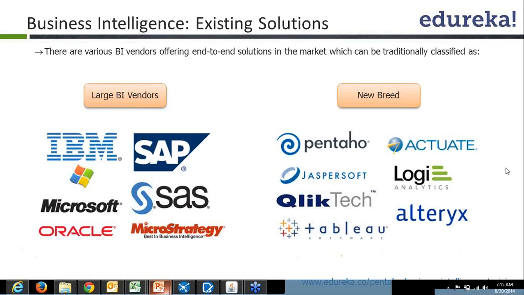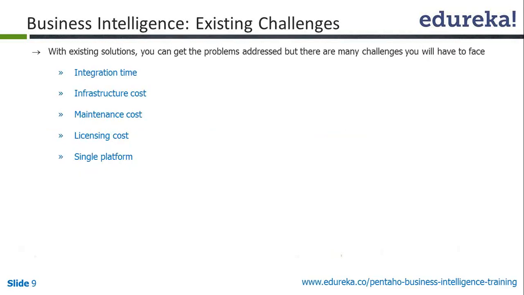Now there are new breeds which are very cost-effective, and most of them are open source, which is also more cost-effective. Pentaho and Microsoft are two such tools. Likewise, we have others: QlikTech, Tableau. These are all BI tools available in the market nowadays, and they are very cheap compared to the large vendors.